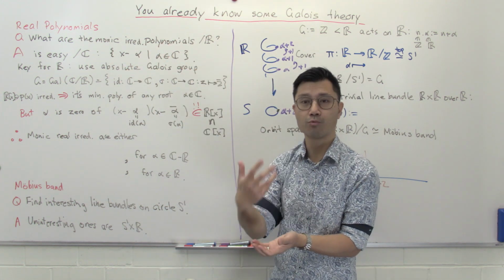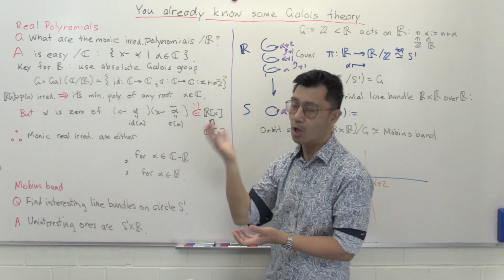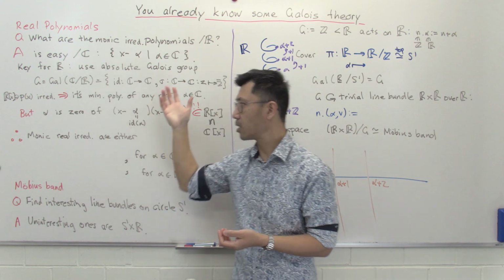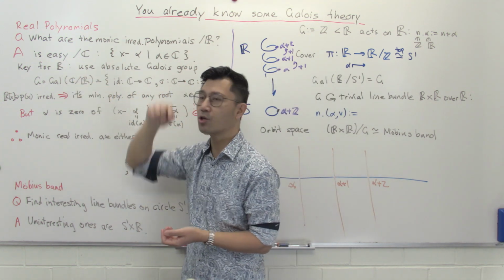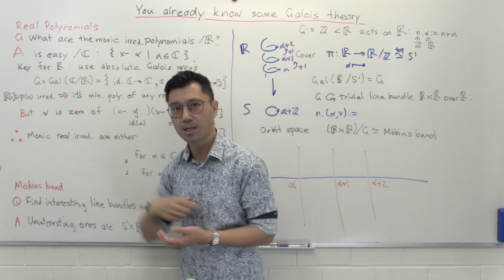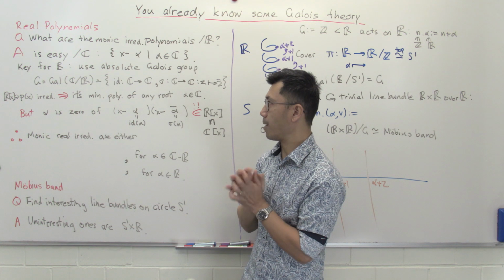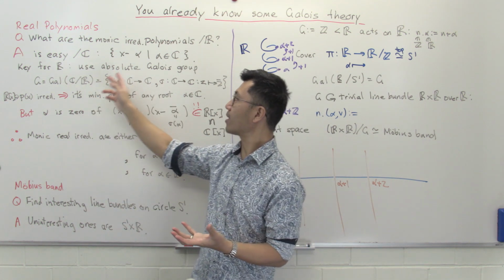So let's now move to the reals. The basic idea in a lot of uses of Galois theory is that if you want to understand something over the reals, you understand it over a simpler context like the complexes, and try to extract the answer from there. The way you do that is you introduce a group, called the Galois group.